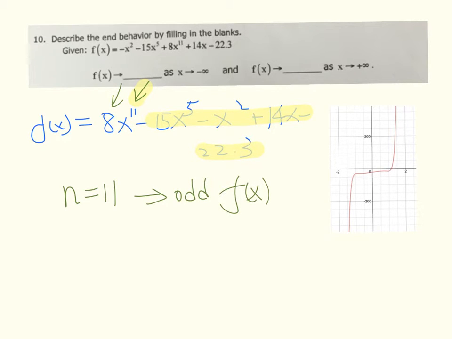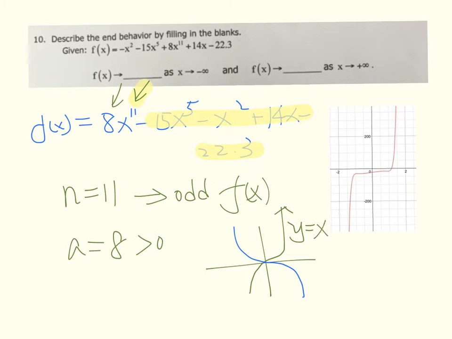If I have an odd function, I must have Indian dance hands looking like that, or it may look like the blue, right? We don't know. How do we know? We also know that my leading coefficient is 8, so that's positive. When it's positive, it follows this parent function. So I graphed it on Desmos here, so you can see what that function looks like.